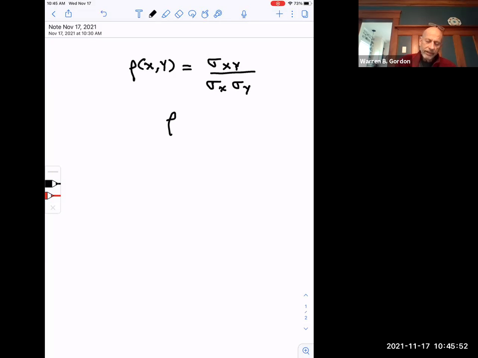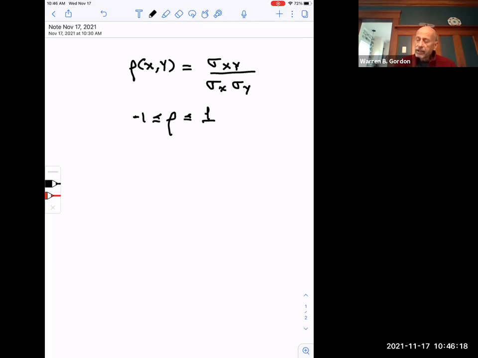And we showed that it's always a number between -1 and 1. It's a much more useful expression than the covariance, because the covariance can run from -infinity to infinity, whereas the correlation coefficient takes on this finite range from -1 to 1, which is very nice.